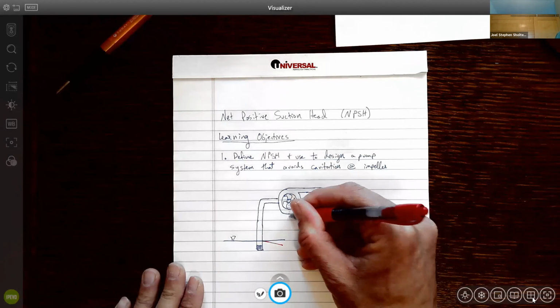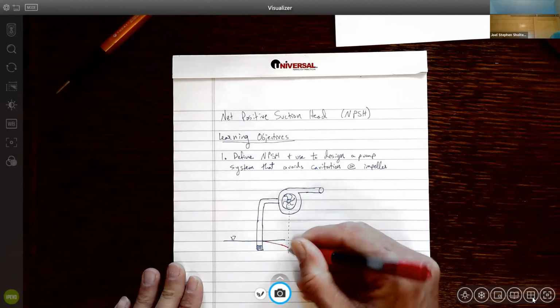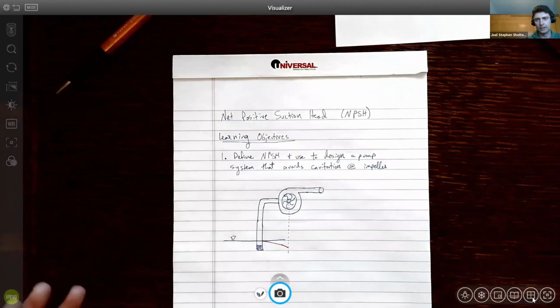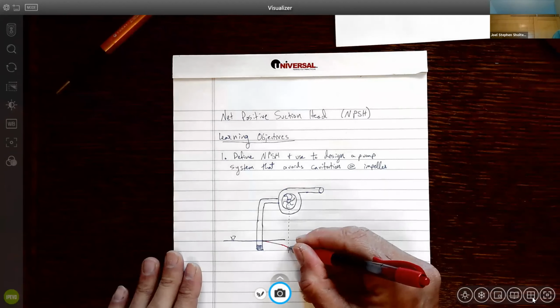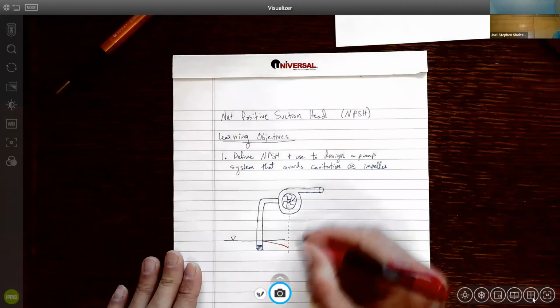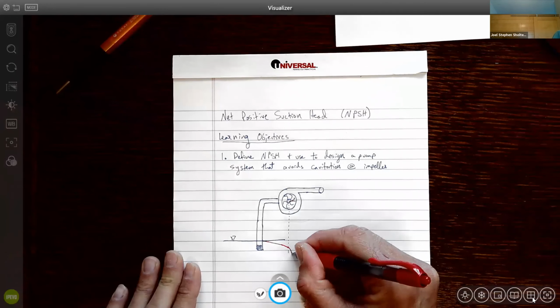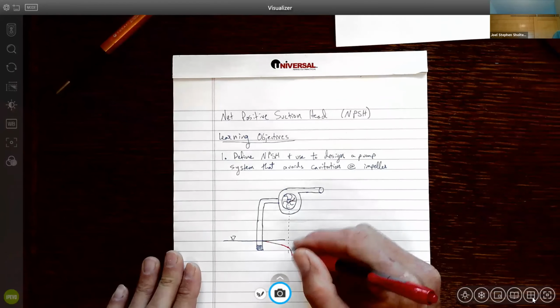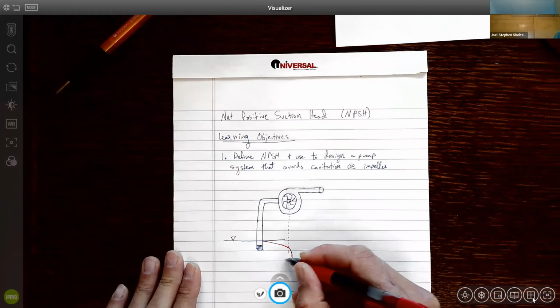Then we go into the eye, and because the water is speeding up so quickly, the pressure drops really rapidly. As we go across this impeller face, the pressure plummets really far down to some arbitrary floor.